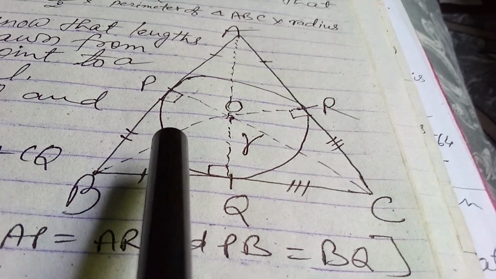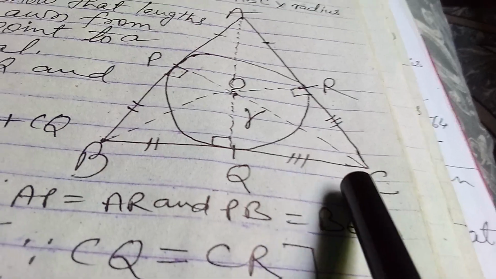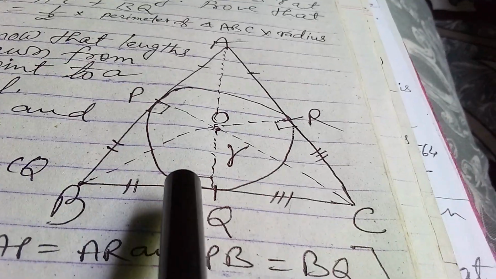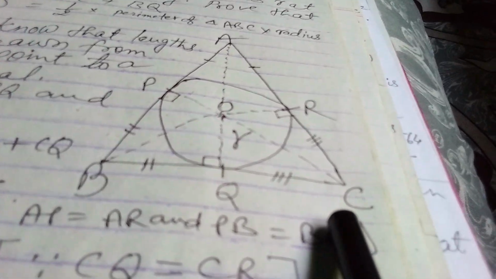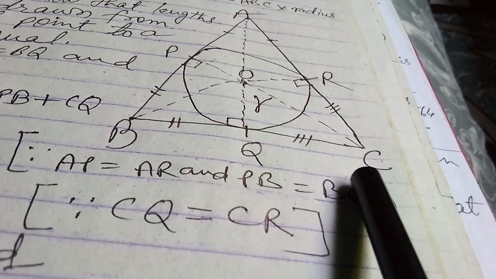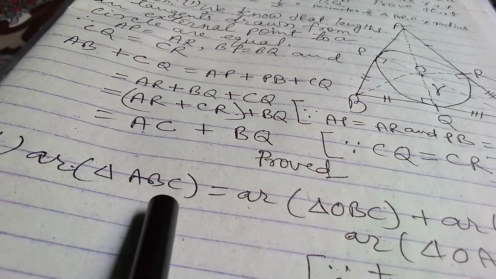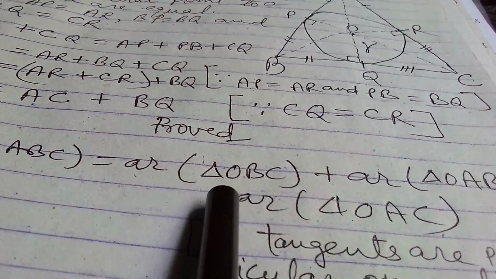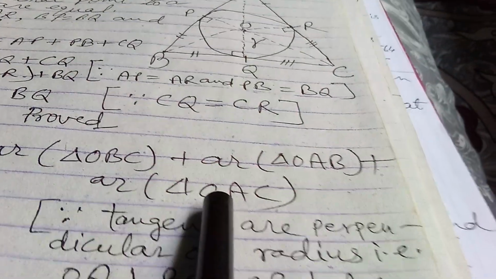And if we add the areas of all these three triangles, then we get the area of triangle ABC. So I have written here area of triangle ABC equals area of triangle OBC plus area of triangle OAB plus area of triangle OAC.